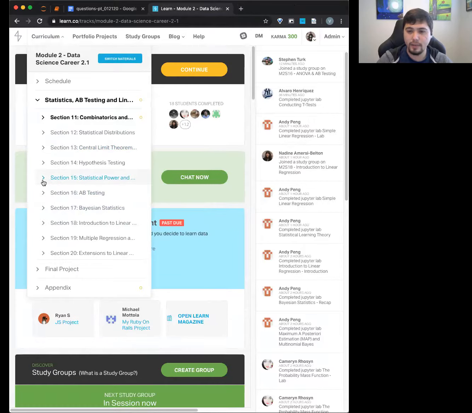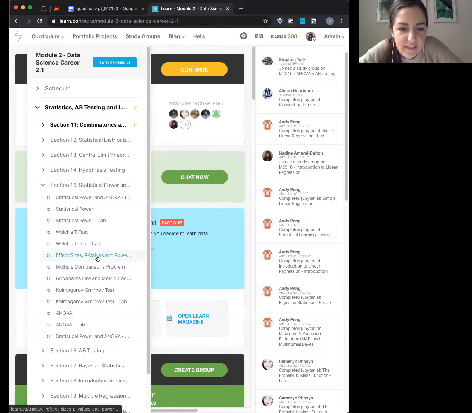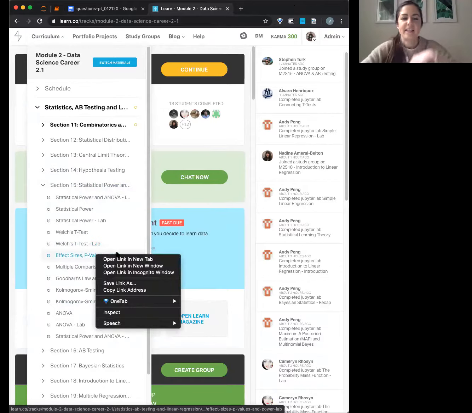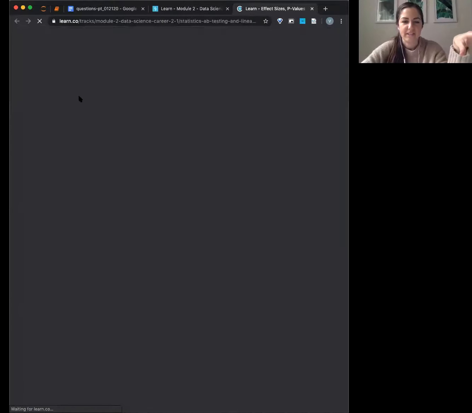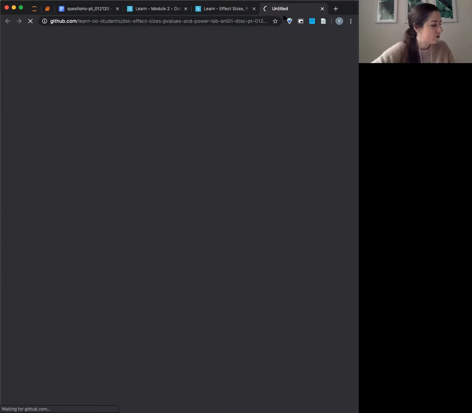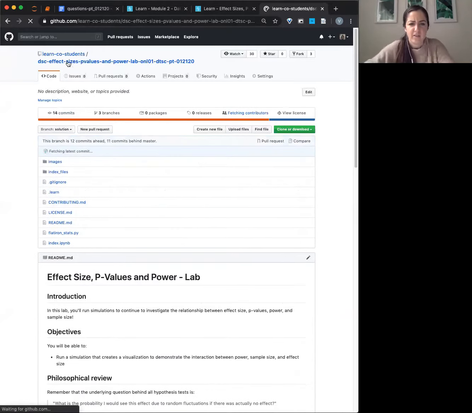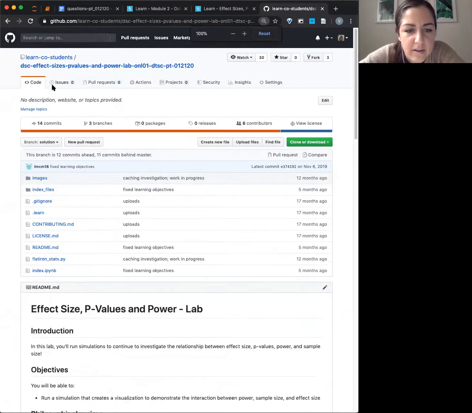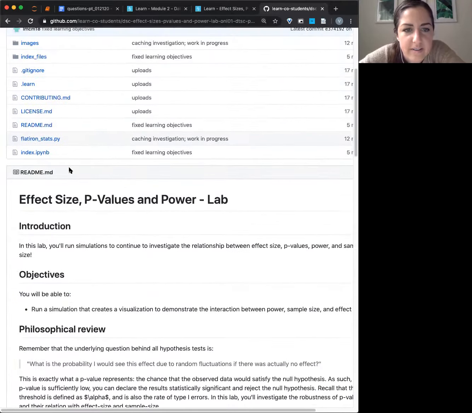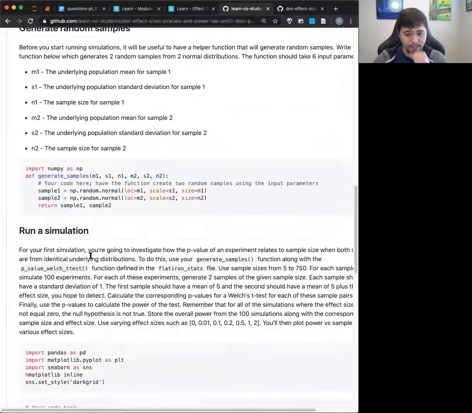Here, what section is that? This one? Yeah. And then is it this one or that one? They had us write the functions in the Welch's t-test lab, but then in the Jupyter notebook, there's a Flatiron stats.py file. Yeah, it's a little bigger. And then it was something specifically when they actually implement Welch's.